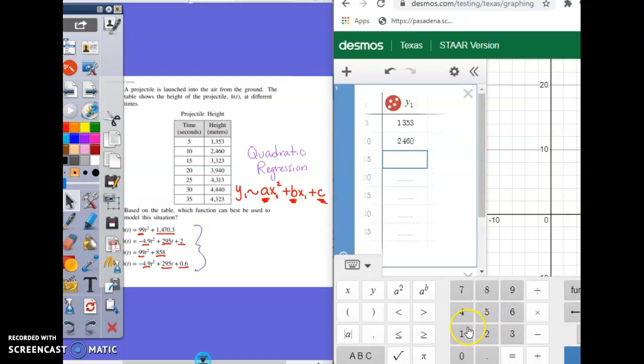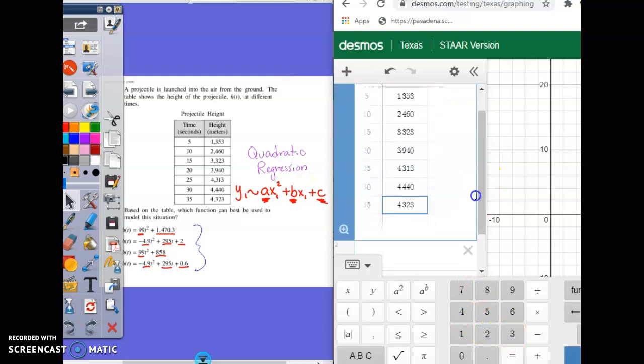I'm not going to give you the answer, so make sure that you're typing it in your calculator. 3, 3, 2, 3, enter. 3, 9, 4, 0, enter. 4, 3, 1, 3. 4, 4, 4, 0. And 4, 3, 2, 3.